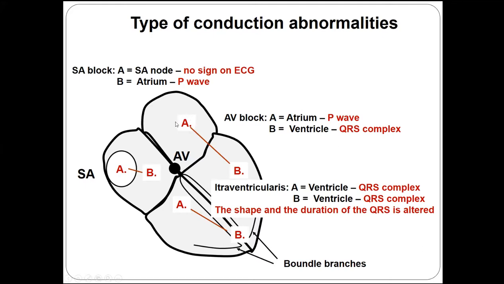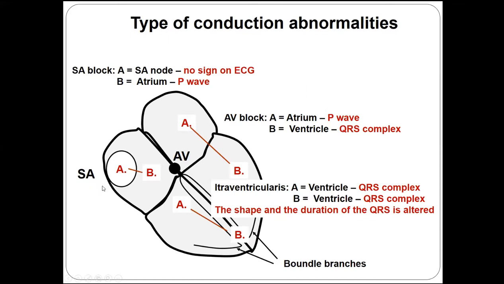Because we have the A point, the atrial activation, and a B point, the ventricle activation, and we are evaluating the connection between the atrial activity and the ventricle activity. So you can see both when we have the A, when we have the B. No doubt about it, it can be seen very nicely.